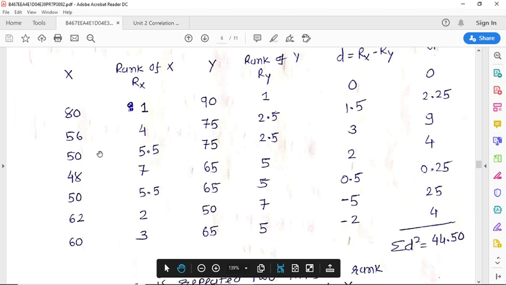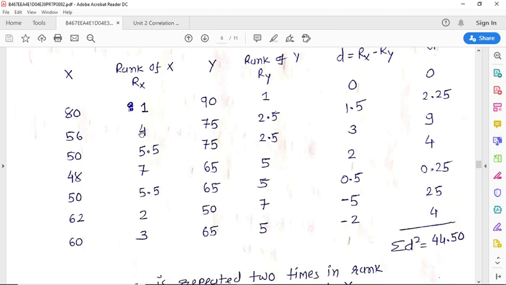And now 50 is repeated 2 times. Clear? 50 is repeated 2 times here, and it is in rank 5th and 6th, because we have already assigned ranks 1, 2, 3, 4, so that value will come in the place of 5th rank and 6th rank, and is repeated 2 times.